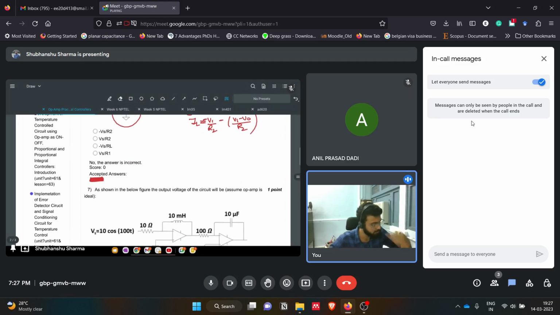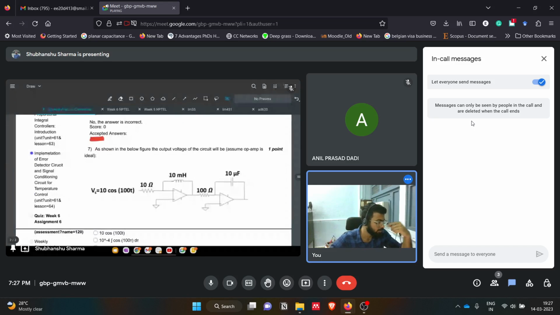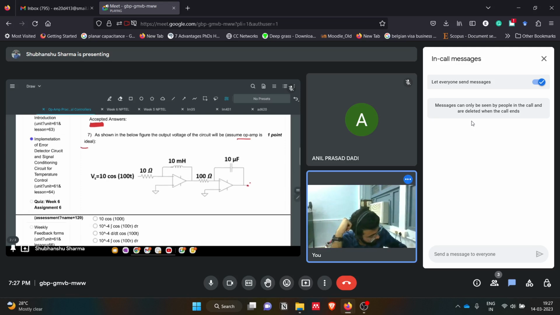The next question is, as shown in the figure below, the output voltage of the circuit will be, assuming the op amp is ideal. We have to think about how to solve for the output, V not. This is one circuit, and another is this circuit.